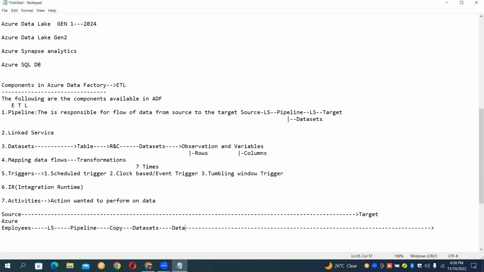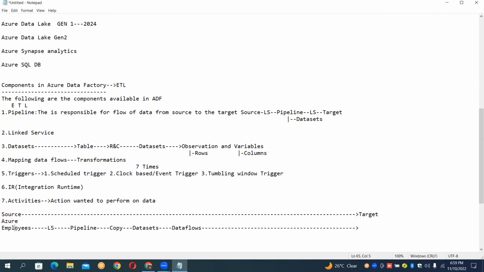And we apply this data flow ultimately on the dataset, because the dataset is the place where data is stored. So we apply the data flow on a dataset. That is called as what? Data flow.